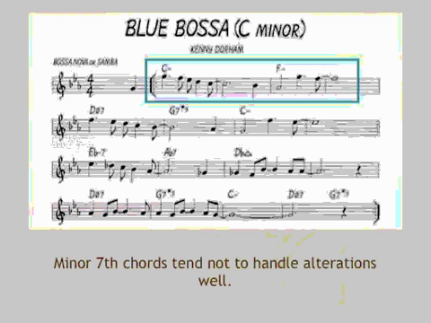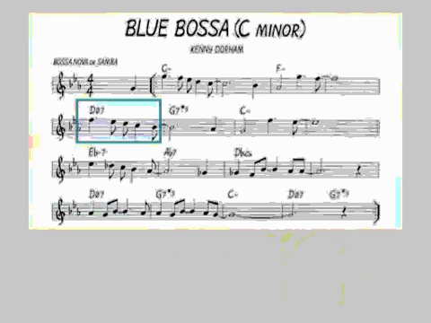You don't see minor 7th chords with flat 9s or with sharp 9s or flat 13s. You just don't. So minor 7ths are really kind of limited to extensions and not so much with alterations. Same thing is true of the half diminished. Because it is already an altered chord, there's nothing left to alter.